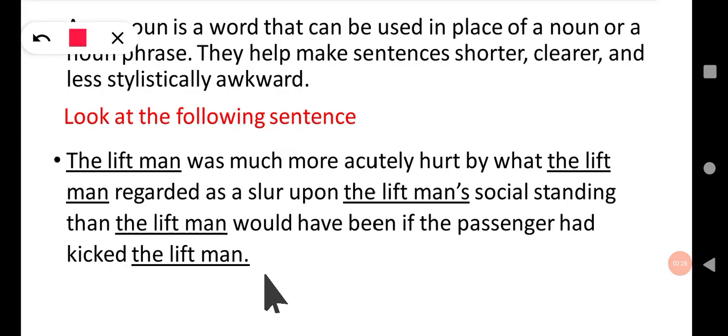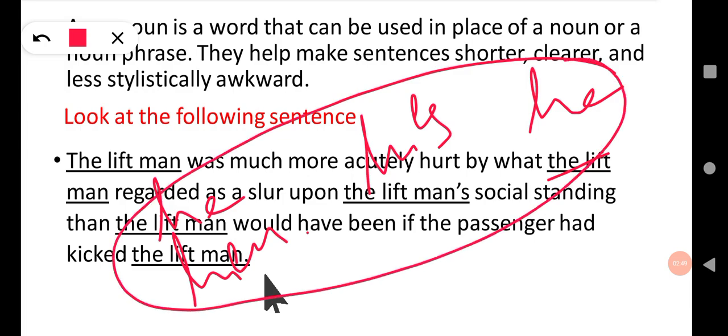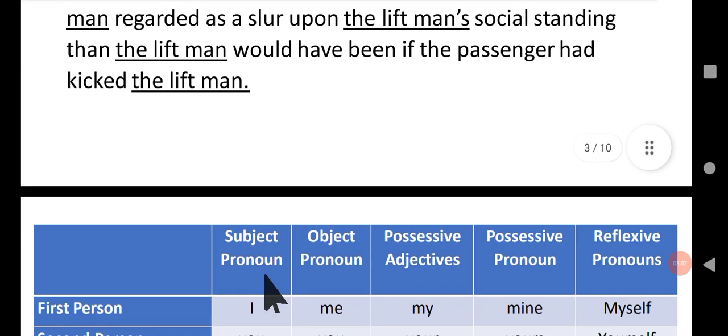The liftman was much more accurately hurt by what he regarded as a slur upon his social standing than he would have been if the passenger had kicked him. So these are the four pronouns which we can use instead of using the liftman repeatedly. Here, when you use the pronouns, the meaning is clearly conveyed, right? So that is the use of pronouns in sentences.